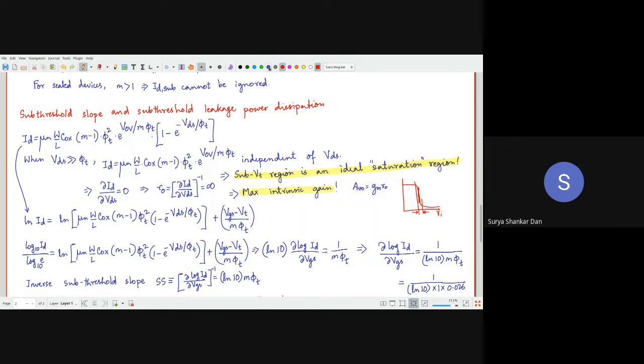Ideally, we would like to have this to be as straight as possible. This is the best one, the blue one which I drew. So that means sharper this line, sharper the transition region, lesser will be the dynamic power also. So देखो, subthreshold region is the ideal saturation region. Maximum intrinsic gain means you are also reducing the dynamic power. ठीक है ना?